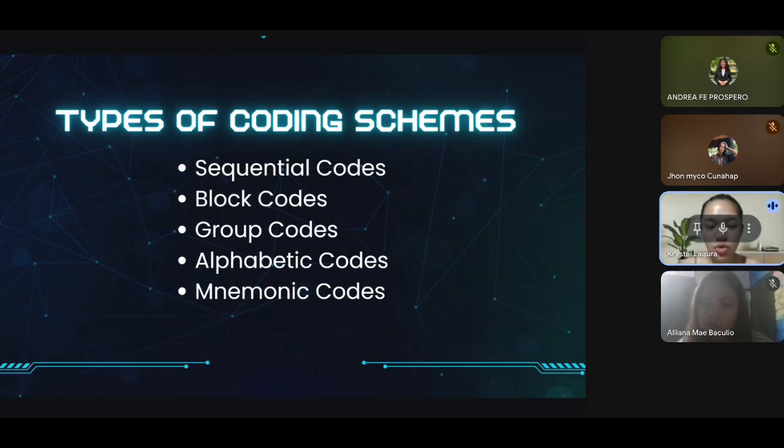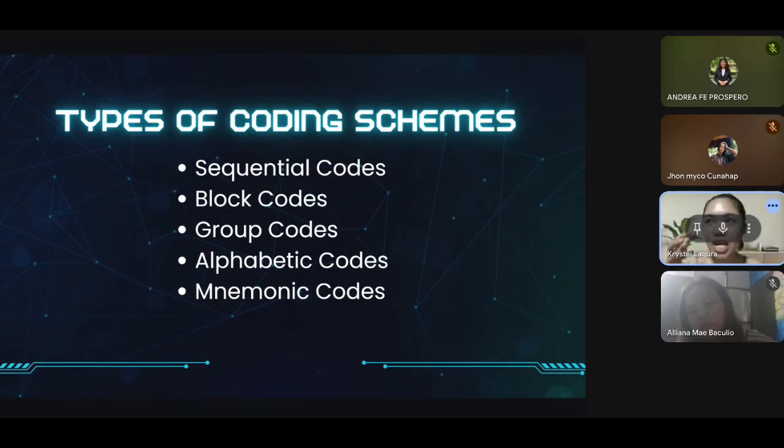And then next is the block codes. Block codes assign ranges to categories. This helps organize data like accounts in accounting. Kabantay mo lang sa chart of accounts, di ba ka ng assets kay nagbigin siya sa 1 kay 200, 201 na siya.